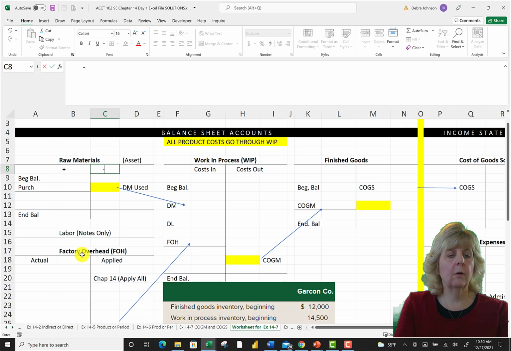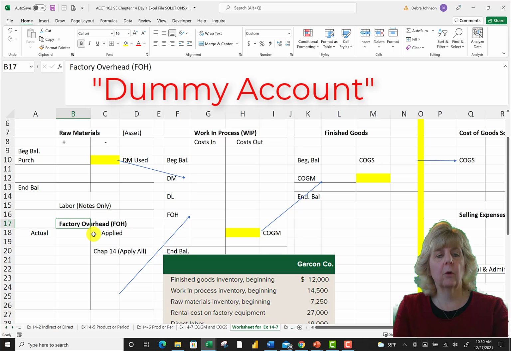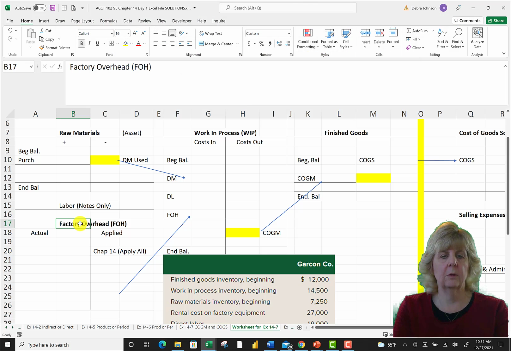And factory overhead is what I refer to as a dummy account. If you've had me before, this is not the first time you've heard me refer to a dummy account. A dummy account is used to temporarily hold something and then disappears by the time the financial statements come around. If you've had me in a previous class, you may have heard me refer to income summary as a dummy account.